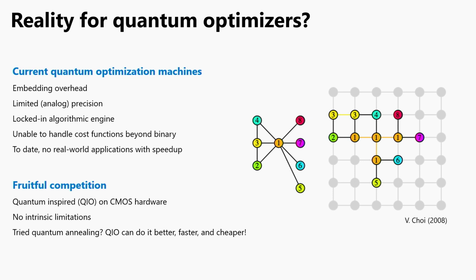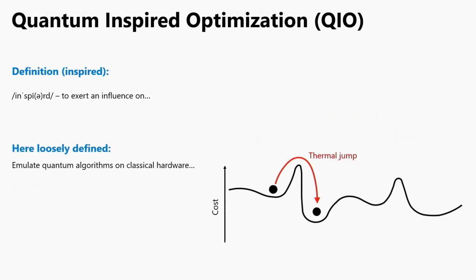Now, I've been using this word quantum-inspired optimization a lot, but I've yet to tell you what this actually means. It turns out it's very loosely defined. If you look in the dictionary, inspired means to exert an influence on something, okay? And here, when I say very loosely defined, you have the whole range in the spectrum.